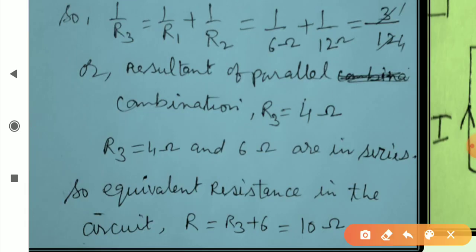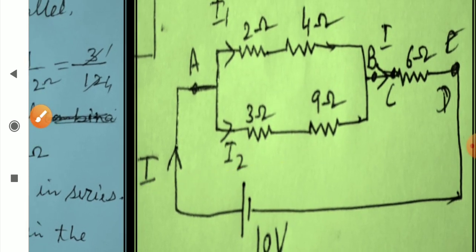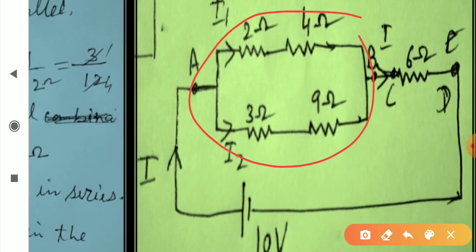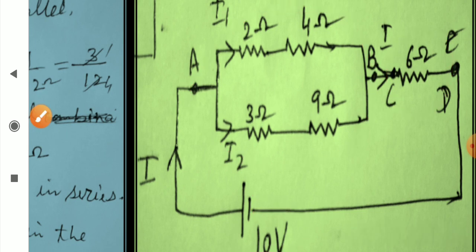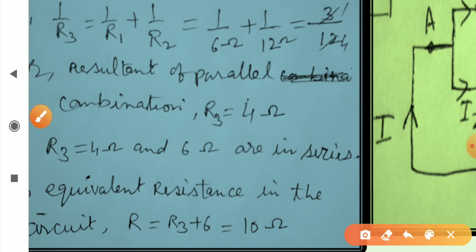So now this parallel combination of 4 ohm and 6 ohm is in series. As you can see, this parallel combination is our 4 ohm, and along with it comes 6 ohm in series. So this 4 plus 6 will give you 10 ohm and it is connected to a 10 volt battery. Right? So now the equivalent resistance in the circuit becomes 10 ohm.